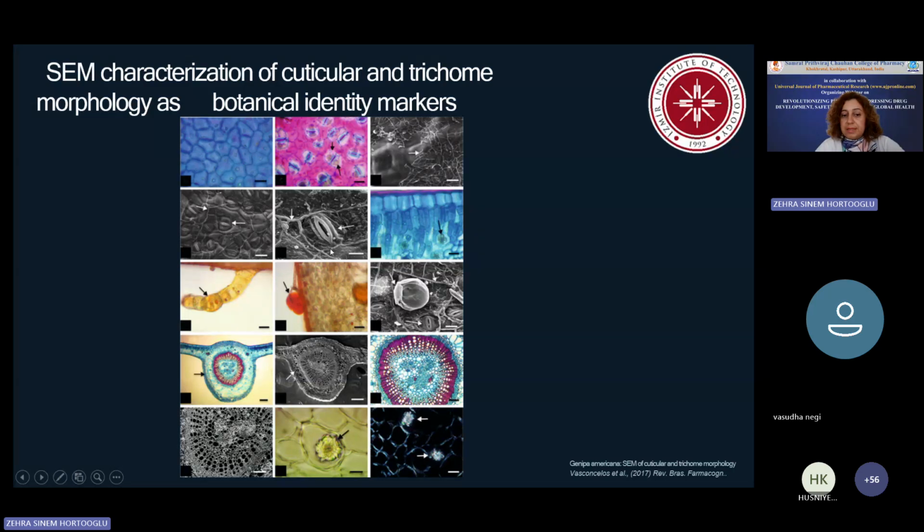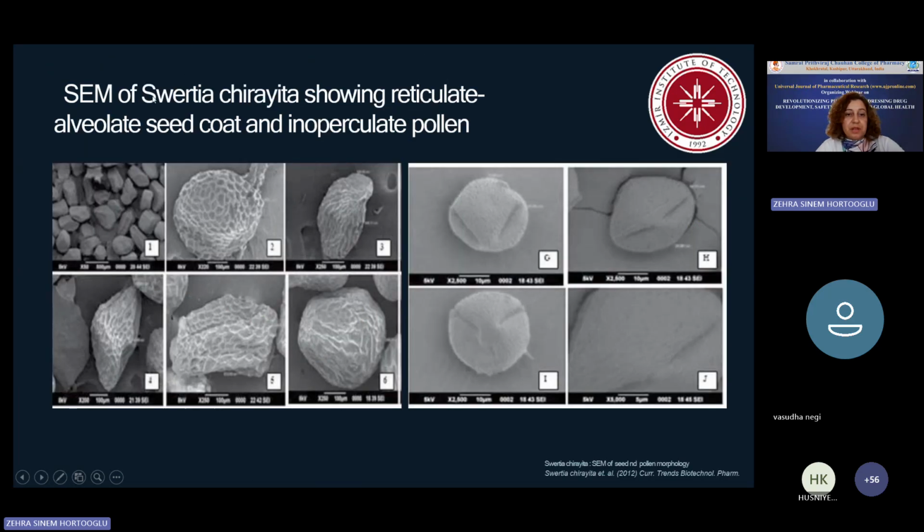For example, stomata, vascular areas, trichomes, and others, as you can see in light microscope and electron microscope images. This is Swertia ciliata showing a reticulate-alveolate seed coat and inaperturate pollen.